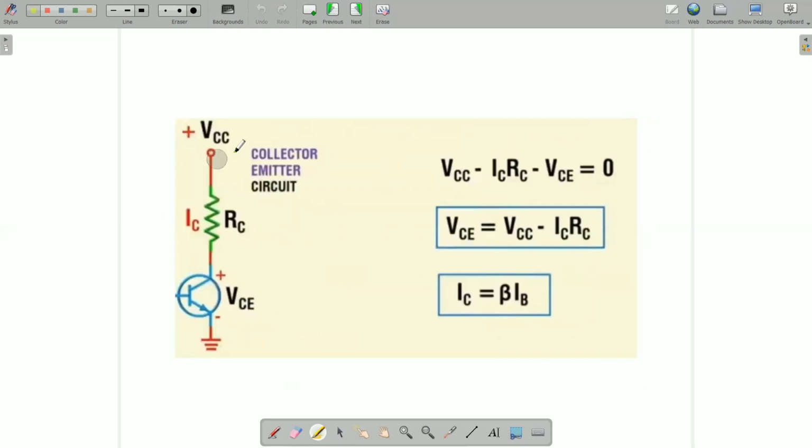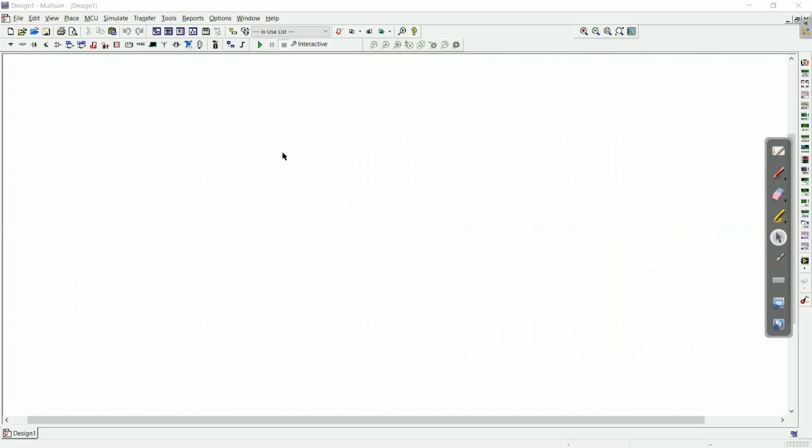Then for the collector emitter circuit, applying KVL, VCC minus ICRC minus VCE equals 0. Since we need VCE, VCE is equal to VCC minus ICRC. And we know the formula IC equals beta IB. Let's now simulate this in Multisim.